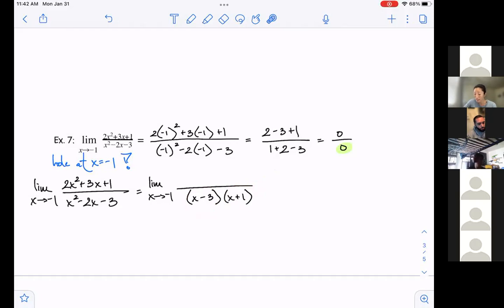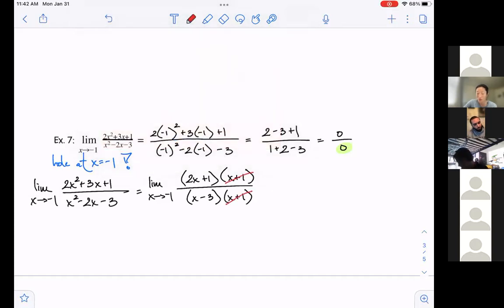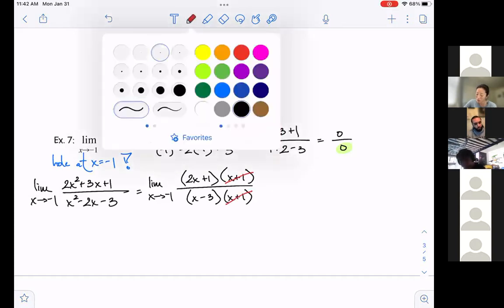So it's likely that one of these factors will also show up on the top, okay? It turns out in this case that when we factor the numerator, we get 2x plus 1 times x plus 1. Okay.